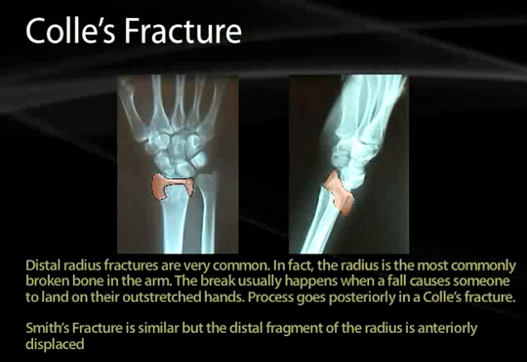If they fall on their outstretched hand and it buckles them forward, that would be a similar fracture, but it would go anteriorly, and then it's called a Smith fracture. Here you can see that distal portion on each of the lateral and AP views of this person's film.